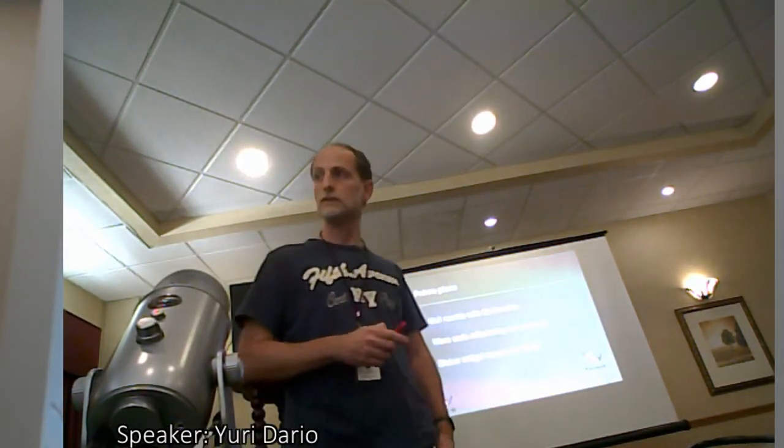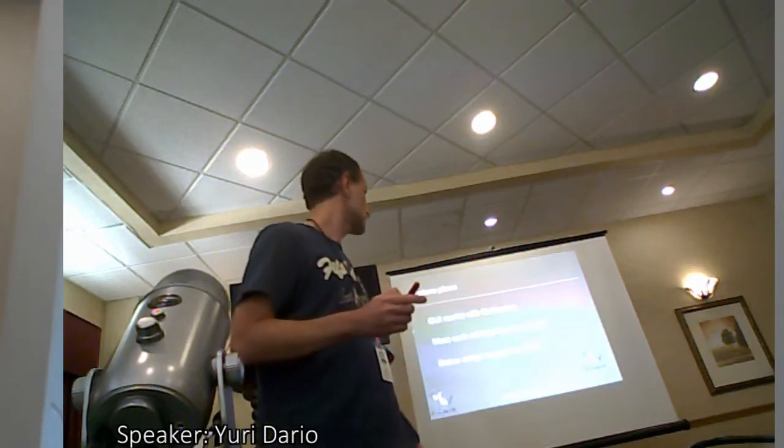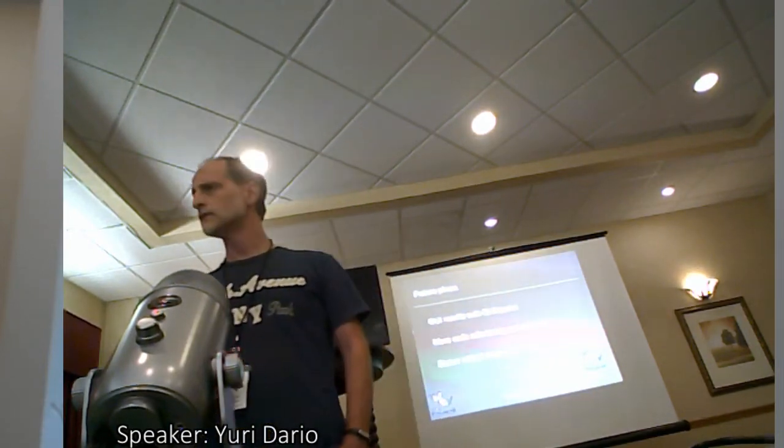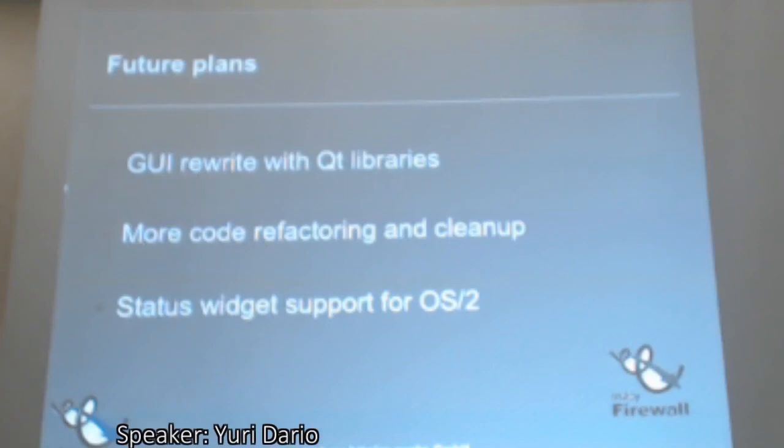Yuri, let me ask you a question about the Qt libraries. Qt 5 or Qt 4 point something? We have Qt 4.7 now, but we will have Qt 5 working, not soon, but as soon as possible. And that's what you're going to use for this, Qt 5?